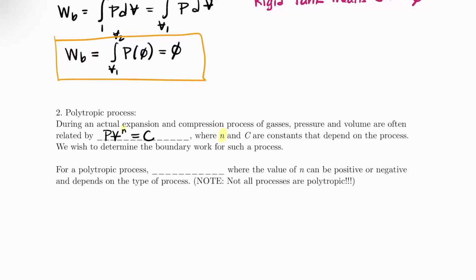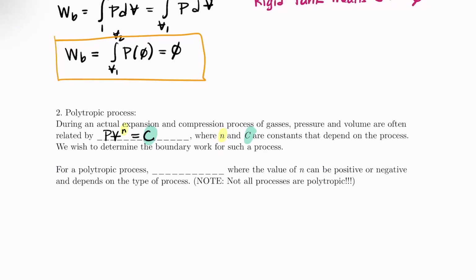This n refers to this exponent, and this C is this constant here. Those constants are going to depend on the process. So in this subsection of the notes, we are going to determine boundary work for a process that follows this kind of rule relating pressure and volume.